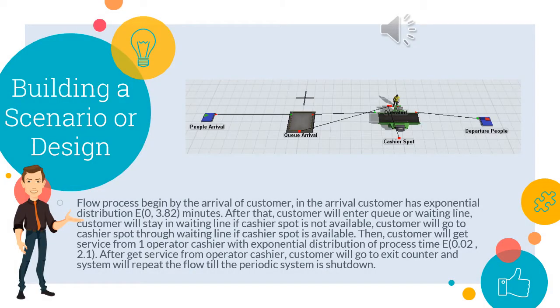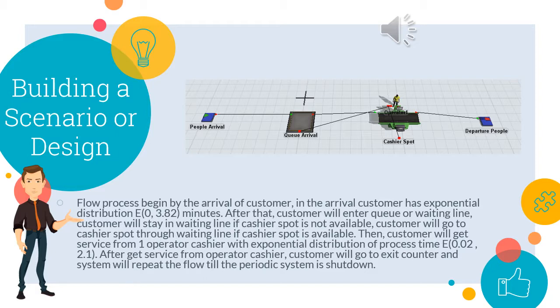And this is our scenario or our design. The flow process begins with the arrival of customers. The arrival of customers has an exponential distribution, which is 0 and 3.82 minutes, and after that the customer will enter the queue or waiting line. Customer will stay in the waiting line if the cashier spot is not available.